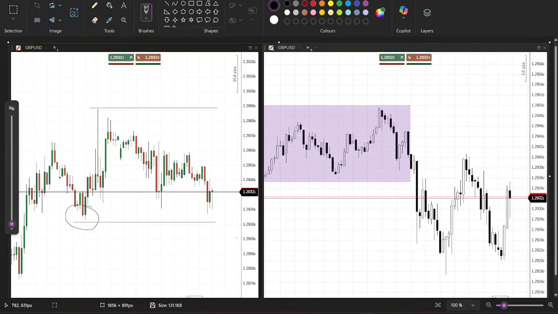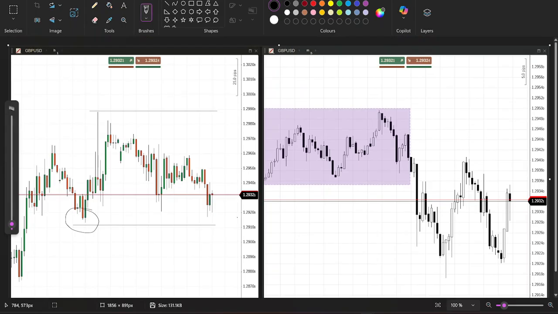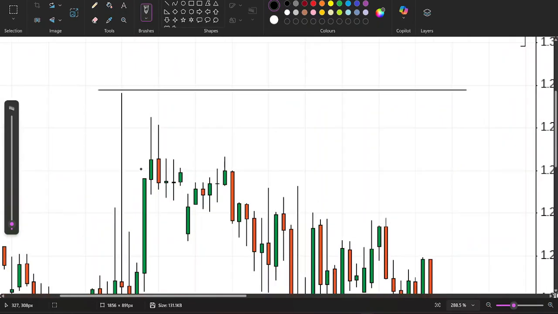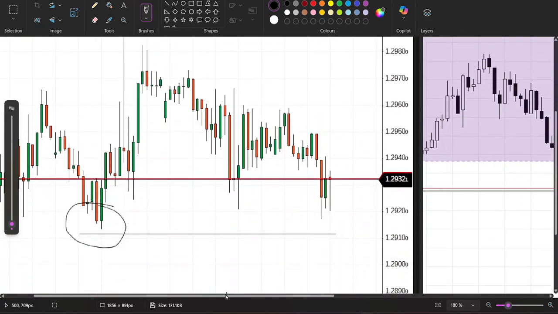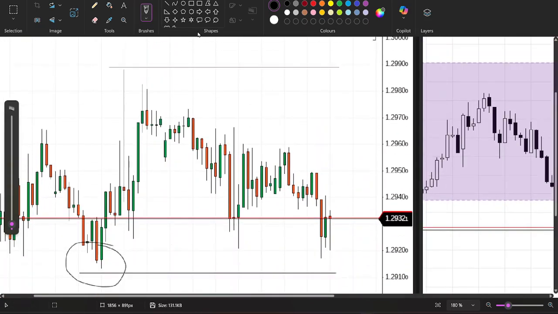What do we have here? So two charts, 5 minutes on the right and 1 hour on the left, and we got price pushing up. If you look on the 1 hour for the bias, this is what we have. Price pushing higher.